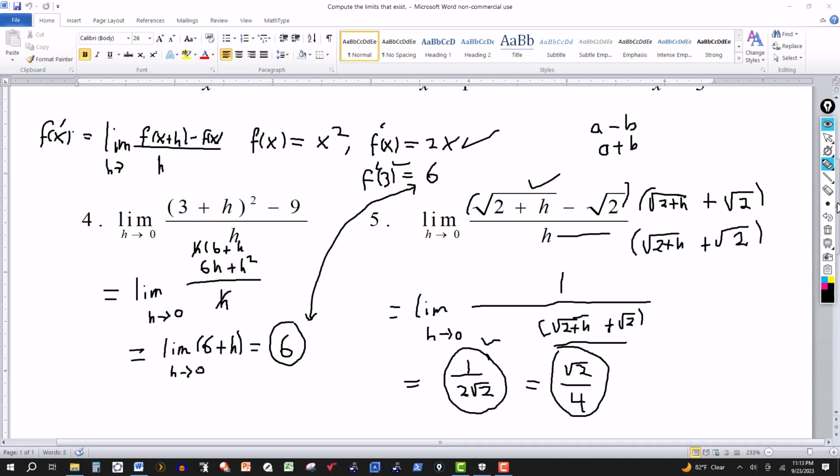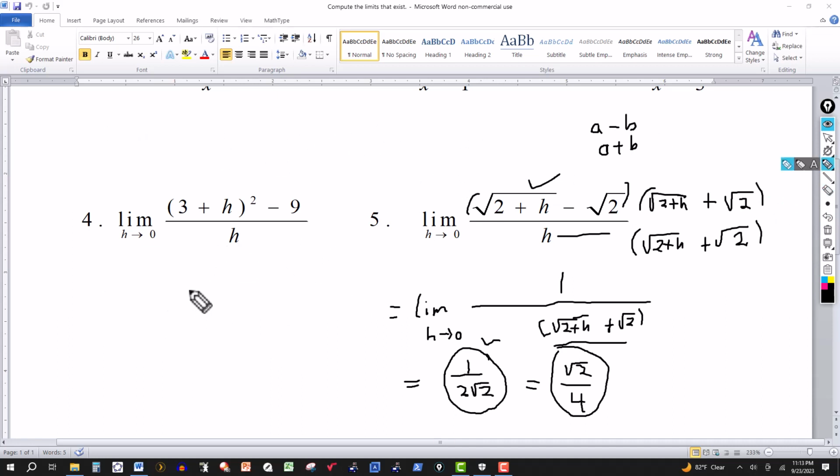Now we're doing the same thing for 5, except we're using another function. So notice, for number 5, the function I'm working with is f of x equal to the square root of x. So if I use the limit definition on this radical function here, I would get this, f prime of x then. I was finding the derivative of the square root of x, and this would be x to the 1/2, another way to write the square root of x. And then 1/2 in front is 1/2 here. And then I subtract 1 from the 1/2, I get negative 1/2.